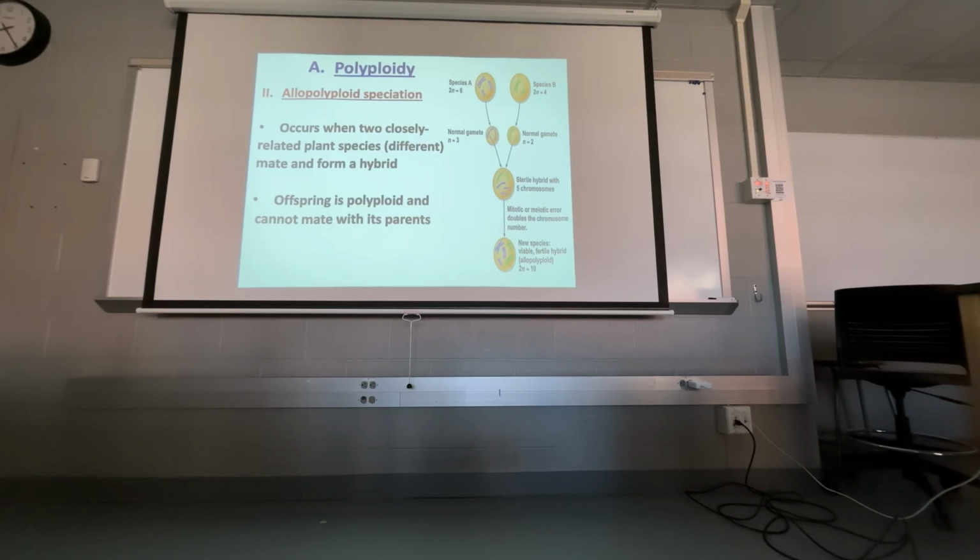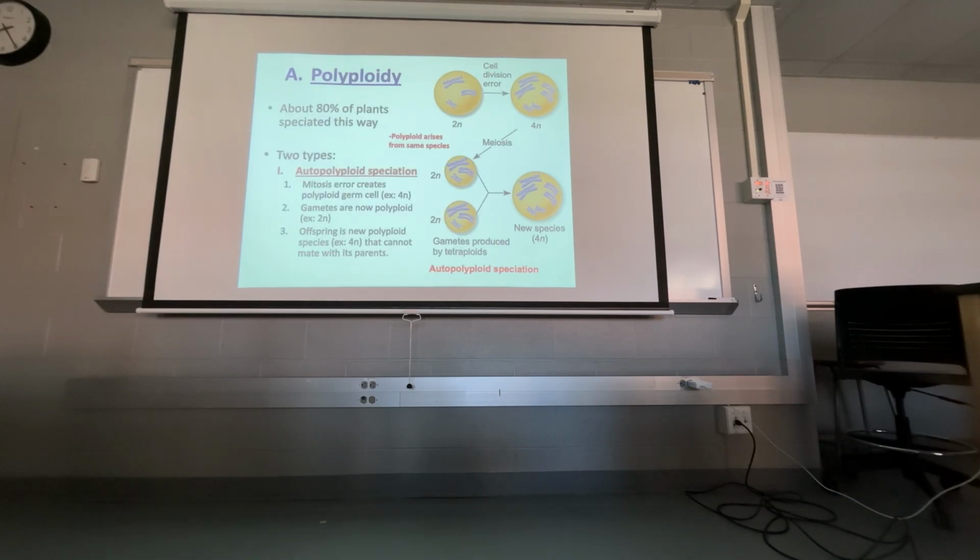Because it has an even number of chromosomes to do meiosis. All right, this is weird. Animals can't do this, but plants can. And it happens obviously more often than not. As a matter of fact, if you look at the last slide, they think about 80% of all plant evolution probably happens because of polyploidy.